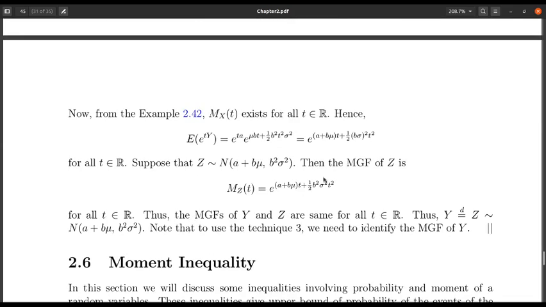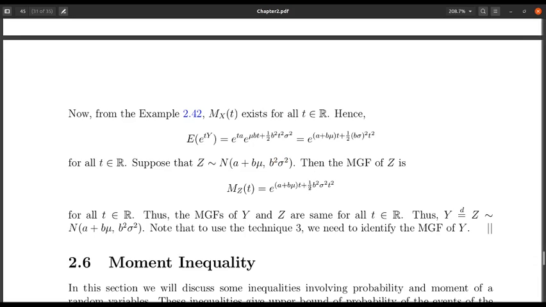Now notice that this is in the form of the moment generating function of a normal distribution. If I take z, which follows normal with mean a plus b mu and variance b square sigma square, then the moment generating function of z is exactly this one.